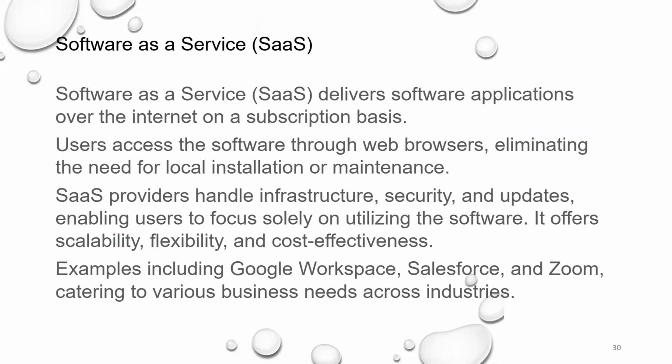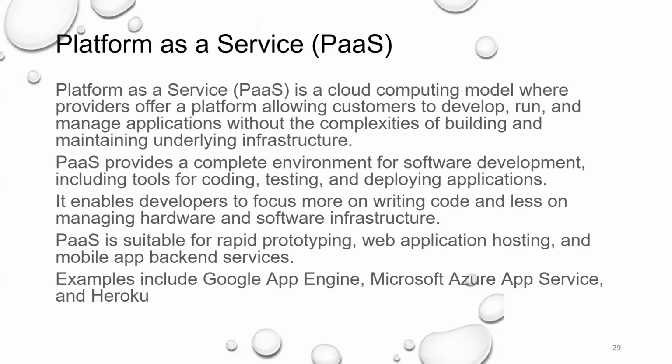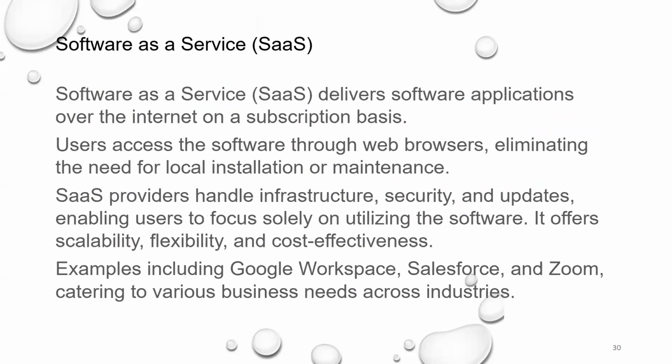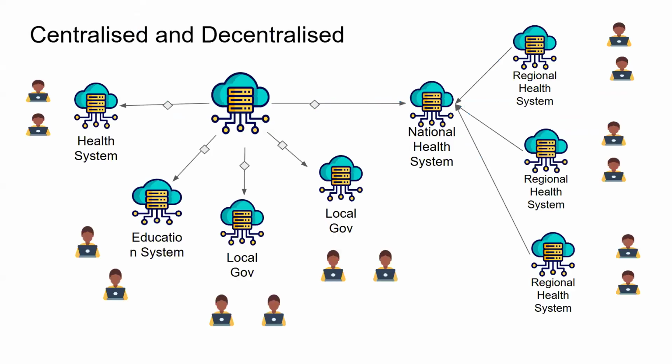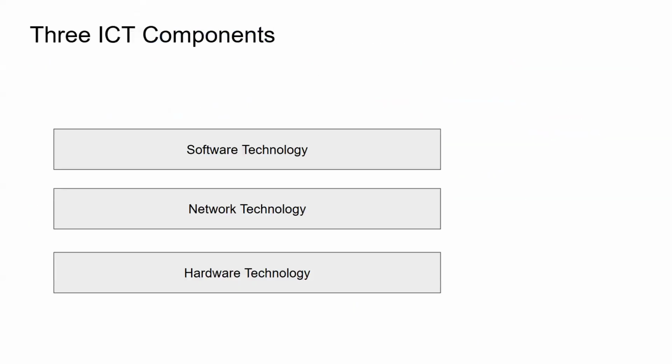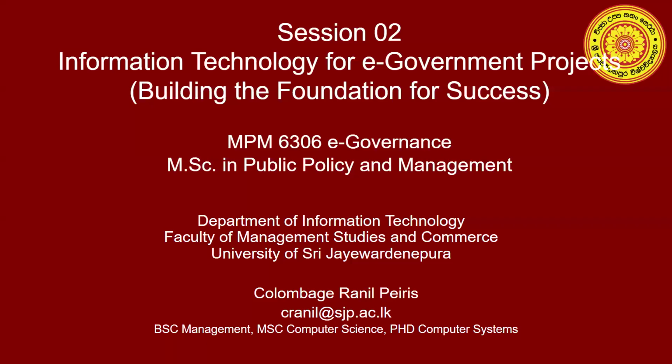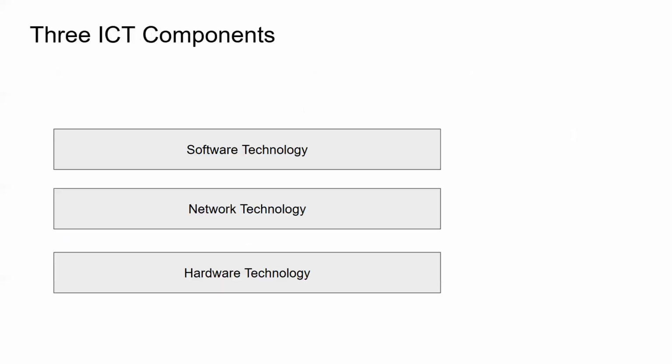Now I don't want to explain again because I already explained about platform as a service, software as a service, right? Then I think today I have a plan to discuss information technology, the technical side. It is basically a technical discussion about software technology, what software is available, network technology.